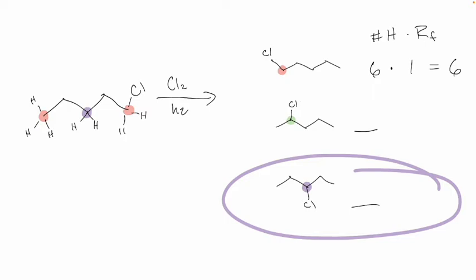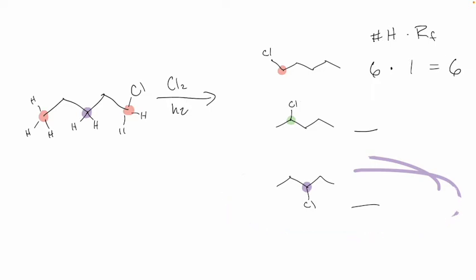Replacing either one of those hydrogens would lead me to this product that I've circled here in purple. So that means 2 times the reactivity factor. Which reactivity factor am I going to use? 3.9. So that would be 7.8 maybe? That sounds right.